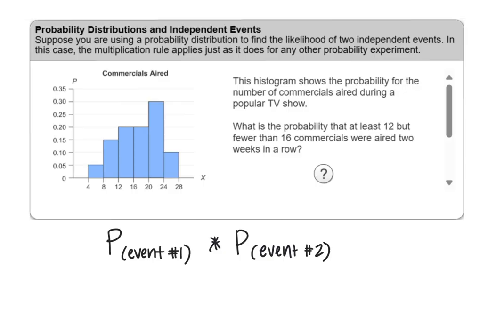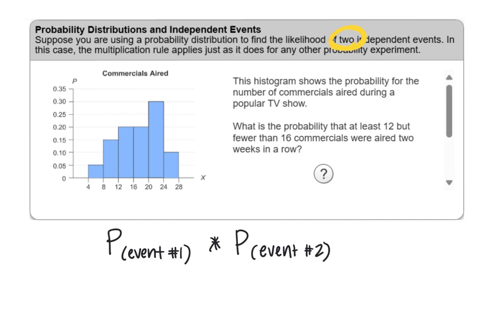All right, so for the last little bit of this section, I do want to talk about probability distributions and independent events. Independent events are events that happen or occur by themselves. So suppose you are using a probability distribution to find the likelihood of 2 independent events.